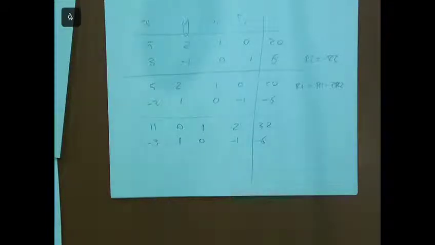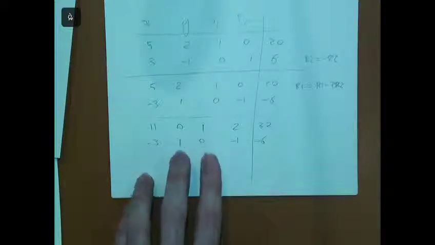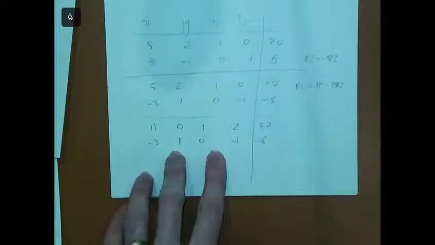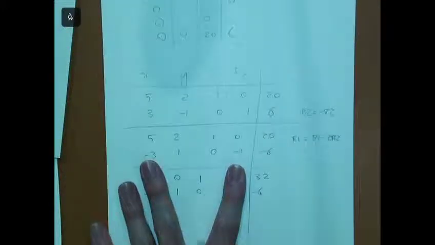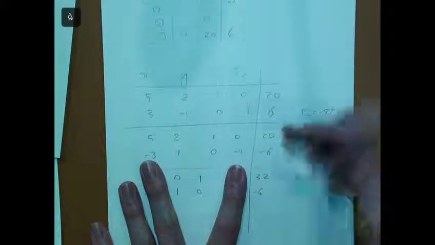So look, I've got an identity matrix. It's the wrong way around, but it doesn't matter. My identity matrix here is in column Y and column S1, and the other 2 columns are 0. And so I've got that Y, because that's where the 1 is, is minus 6, and S1 is 32.